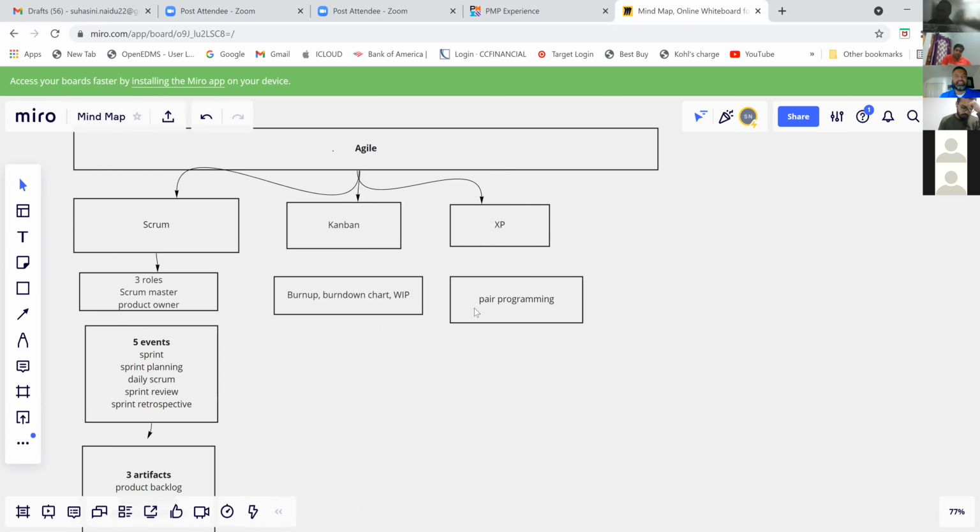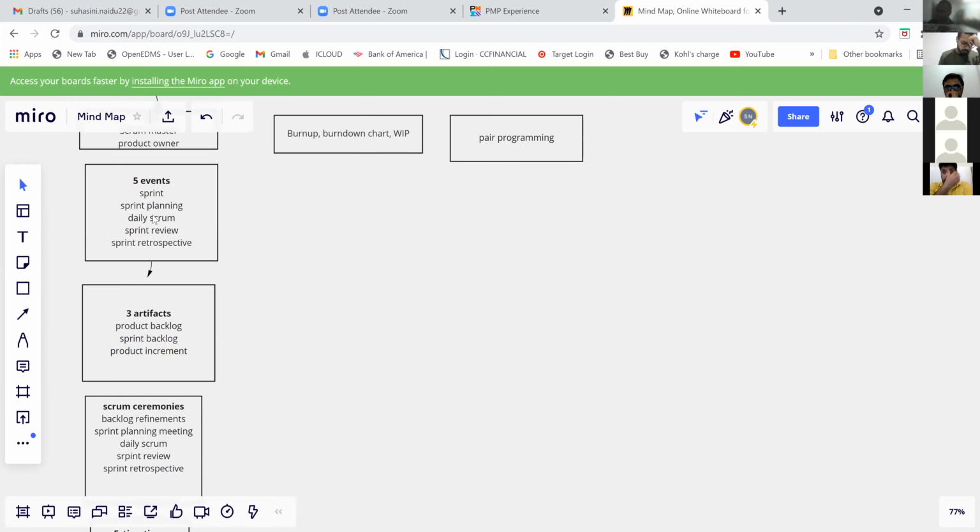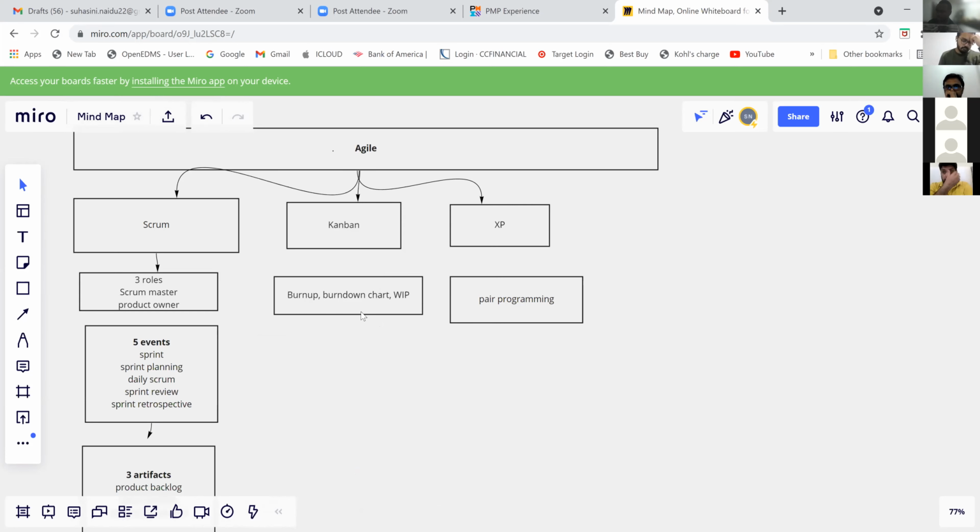In Agile, we have Scrum, Kanban, and XP. Scrum has three roles: Scrum Master, Product Owner, and Development Team. In Kanban, we have a task board, a burn up chart, a burn down chart, and WIP, work in progress. In XP, we have pair programming.